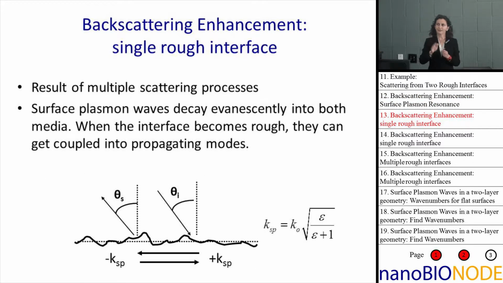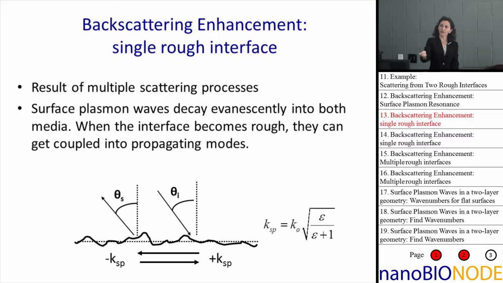So let me just talk about how we pick up these things. As I mentioned, one of the reasons surface plasmon resonances or waves could happen could be a result of multiple scattering processes. Surface plasmons, I mean, the origin of the word, think of it as plasma with negative permittivity below the plasma frequency. Their characteristic is that they decay evanescently away from the surface.